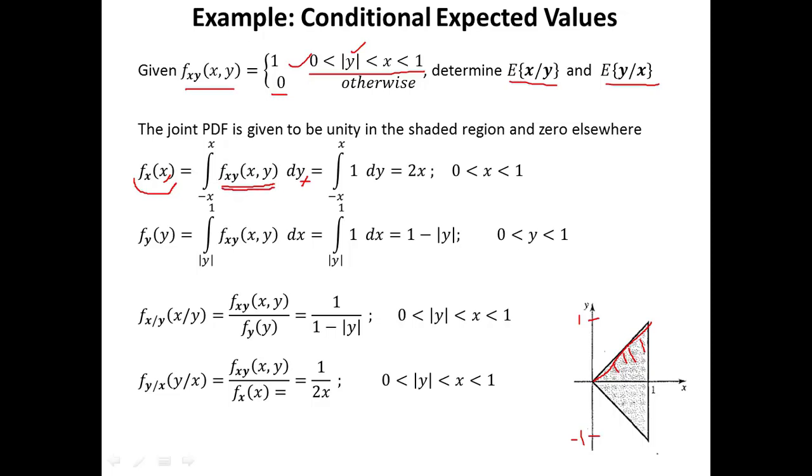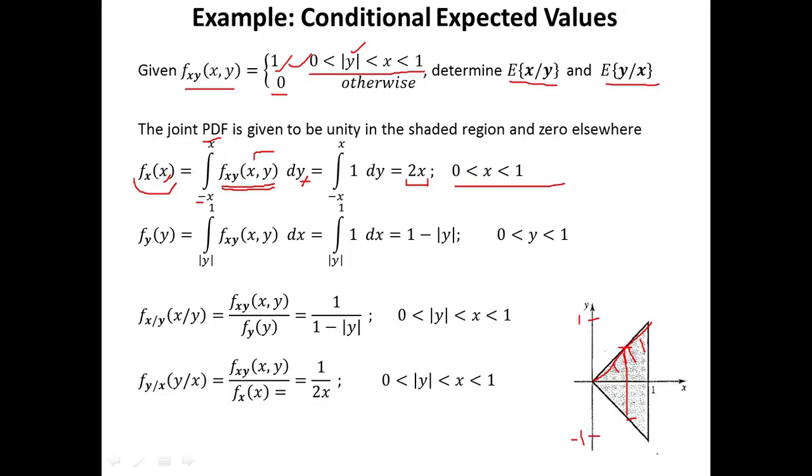The component of y has to be integrated out for the range of y from -x to +x. Within this limit the joint density function equals 1, and if you solve it you will get 2x for the range 0 to 1.